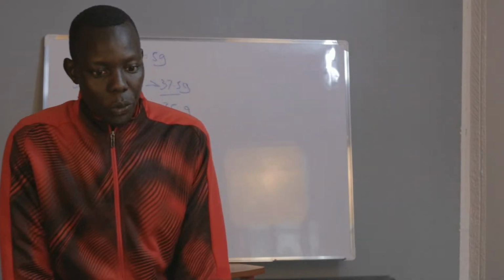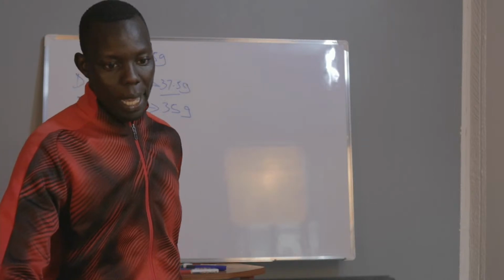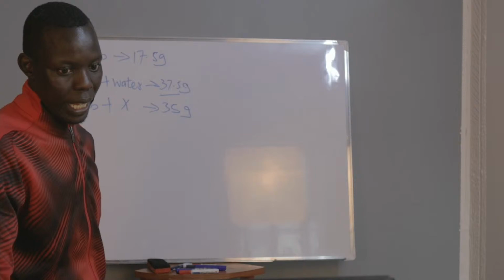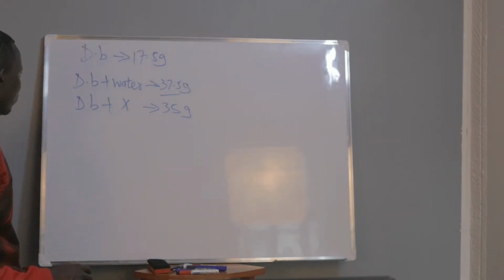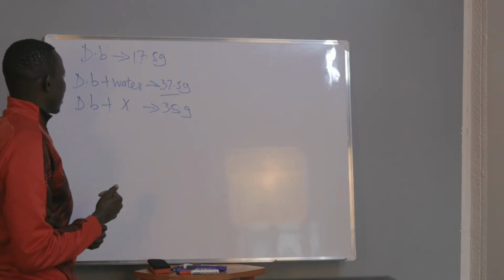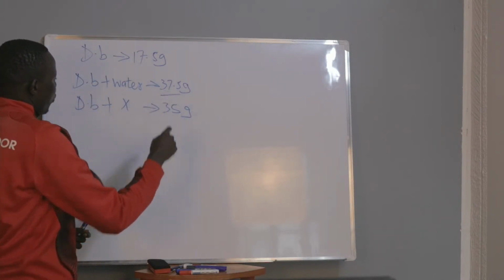Yes, so let me do this question very fast. You are being asked about the density of liquid X. The mass of the empty density bottle is 3.5 grams. The density bottle plus water is 17.5 grams.